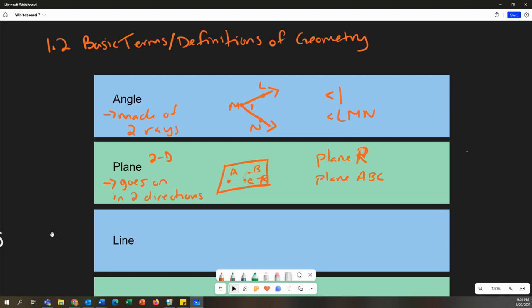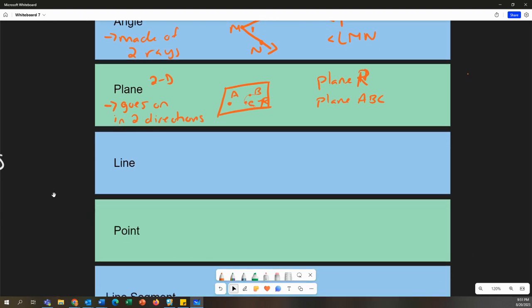Okay. A line is 1-dimensional and it goes on forever. So no endpoints, which means it has arrows on the end. This is the line, with arrows on both ends. There's a couple ways to name these as well. A lot of times you're going to have a cursive lowercase letter.